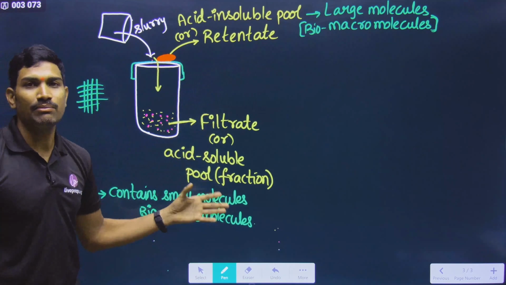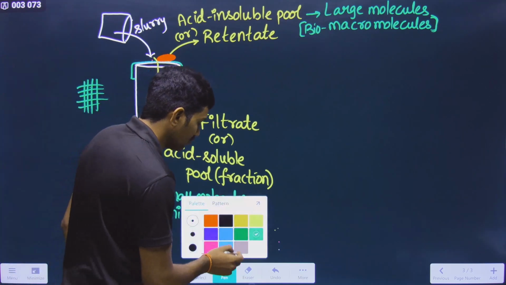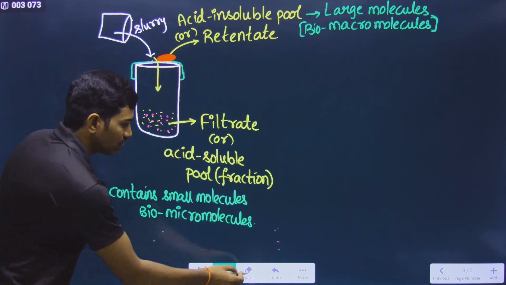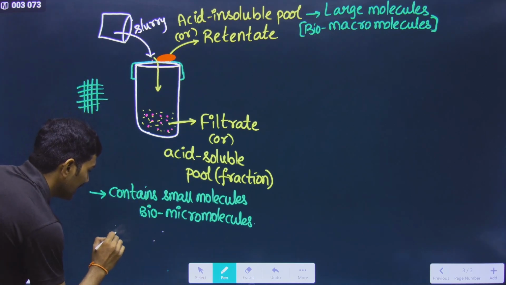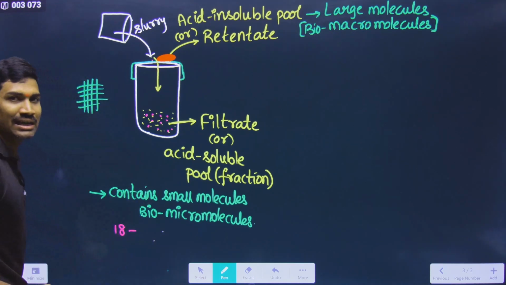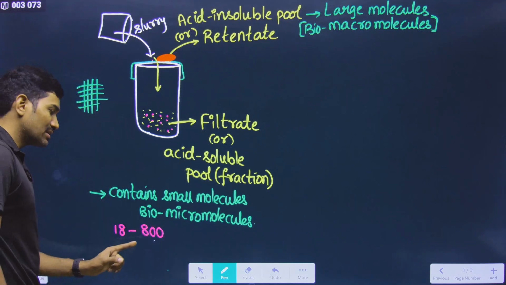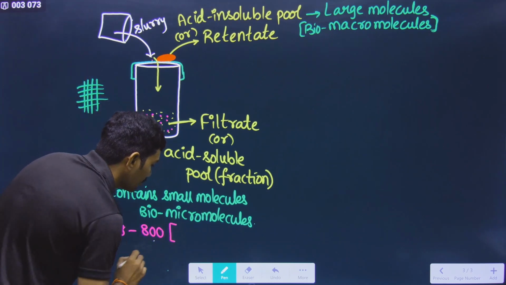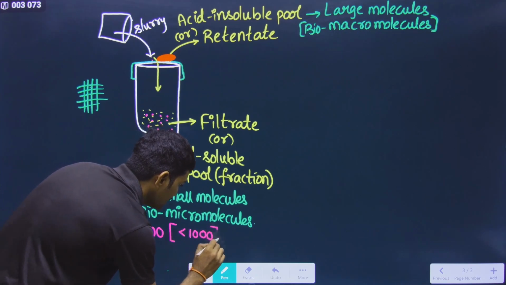This is another important point we need to observe. These are small molecules, so what is the average size? They have given the size range between 18 to 800. So you can say this as 800, or simply less than 1000.